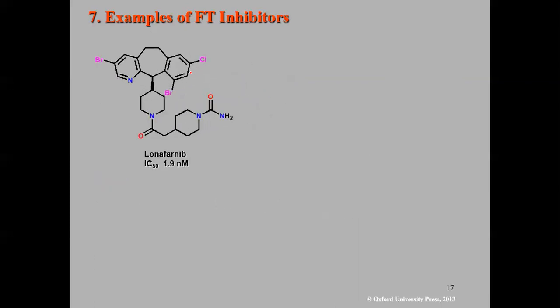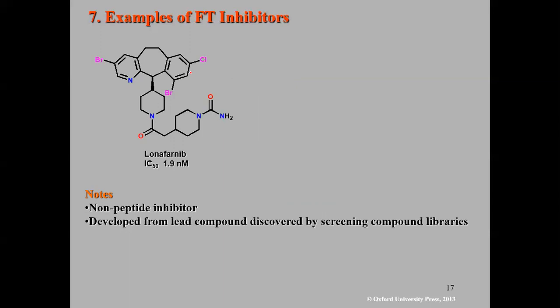Another example of a non-peptide inhibitor is lonafarnib, which has an IC50 of 1.9 nanomolar. As I said, it's a non-peptide inhibitor. It was developed from a lead compound discovered by screening compound libraries, I think approximately 2,000 compounds.